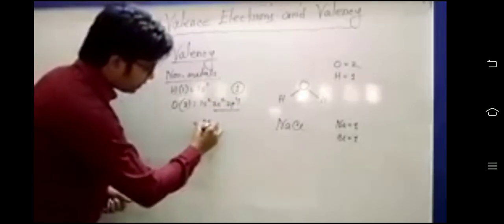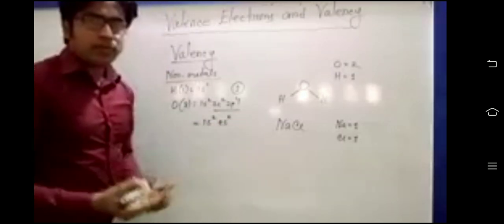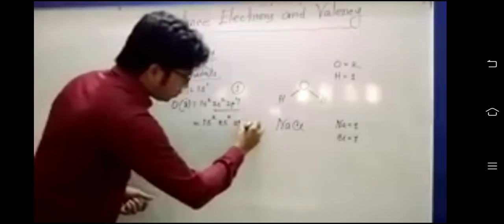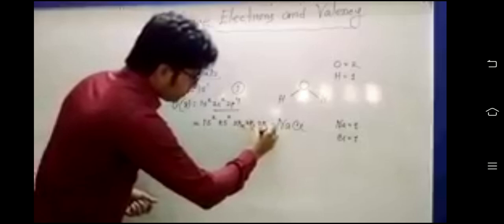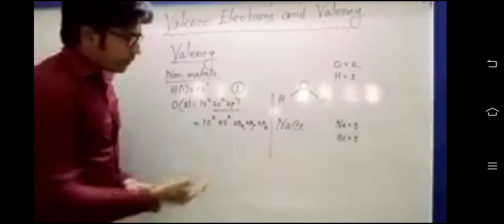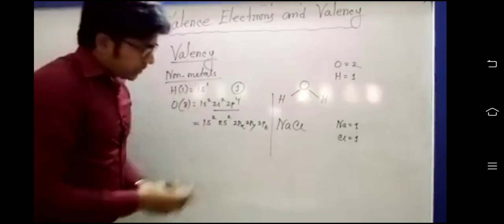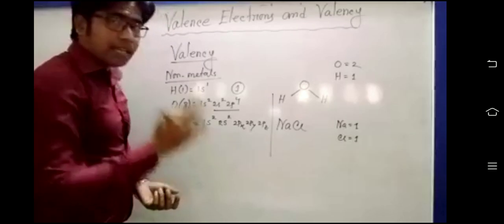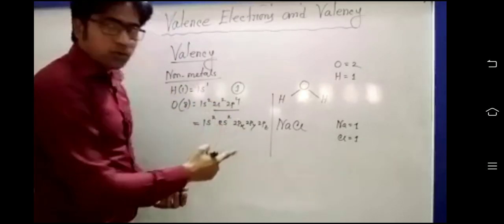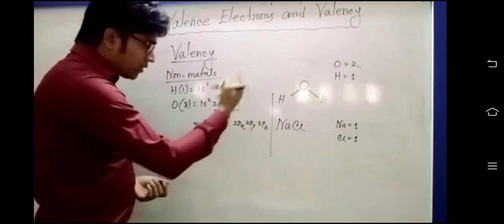We have to write this electronic configuration this way: 2s2, and you have to divide the p orbital into 2px, 2py, 2pz. That means we can divide the p orbital 3 ways: px, py, and pz. Every orbital can hold a maximum of 2 electrons. Here there are 4 electrons, so we give the electrons like this: 1, 1, 1, and the rest go here.